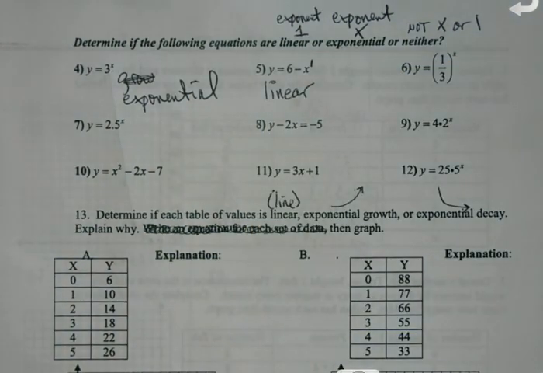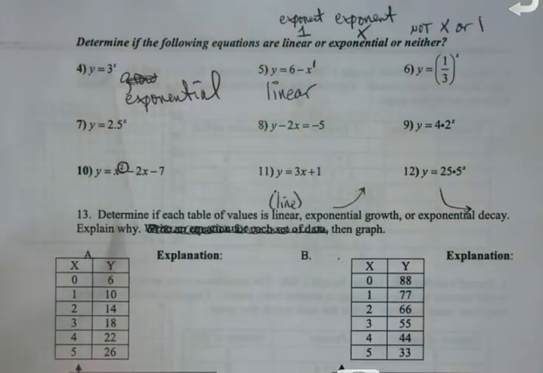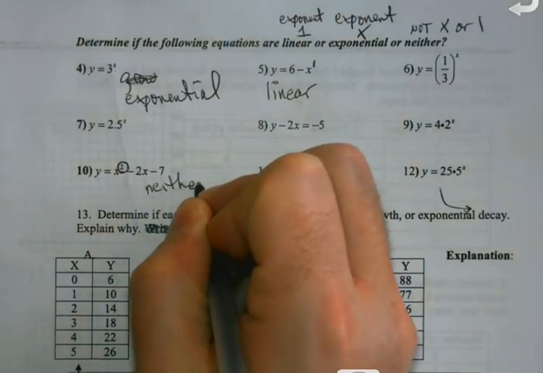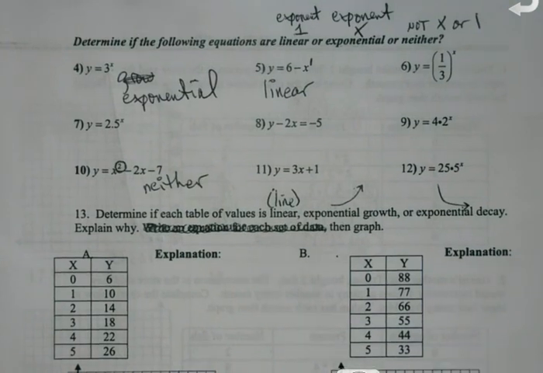Okay, so that's the kind of little catch here. If I see exponents that aren't x or 1, those are neither. That'd actually be a quadratic, but we're not worried about that.